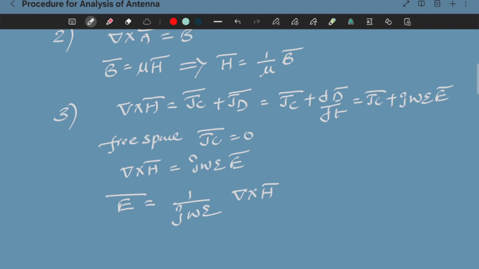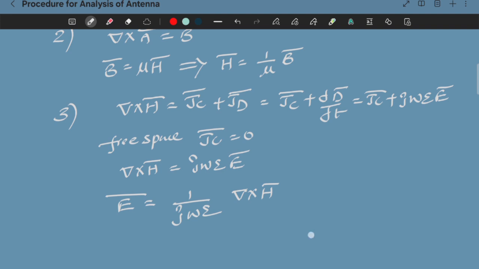Once you got E bar and H bar, you can calculate the power density according to Poynting theorem. Once you have the power density, you can equate that one in terms of current square into radiation resistance. So you can get radiation resistance and further parameters also can be calculated.